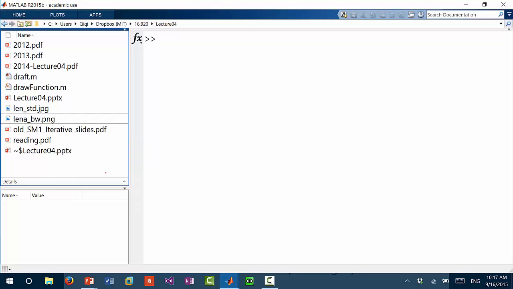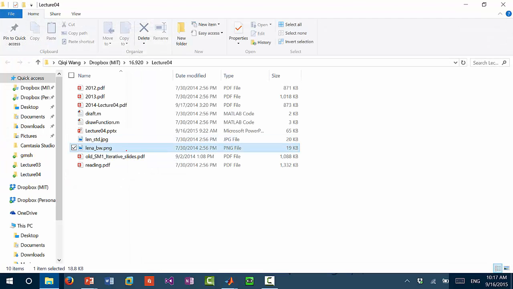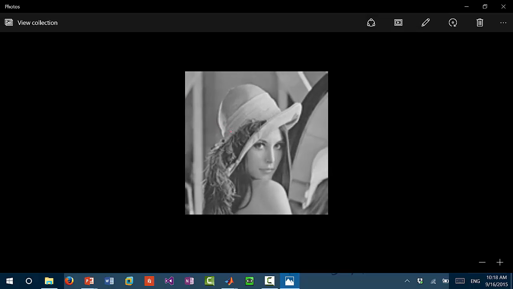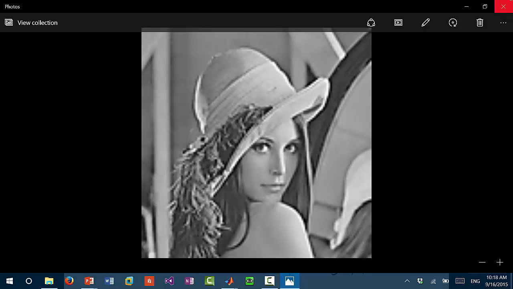I'm going to use this lady. It's a 128 by 128 pixel image. I'm going to say this is the solution of our 2D Poisson's equation.